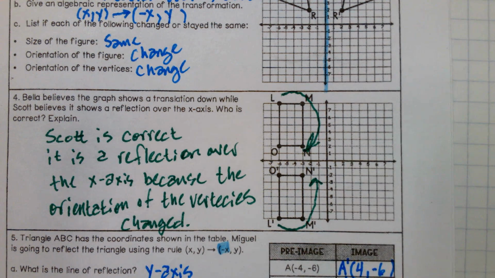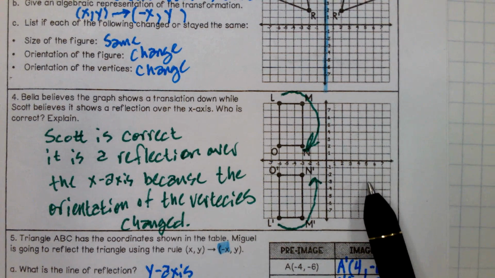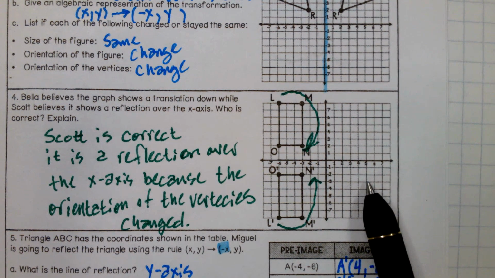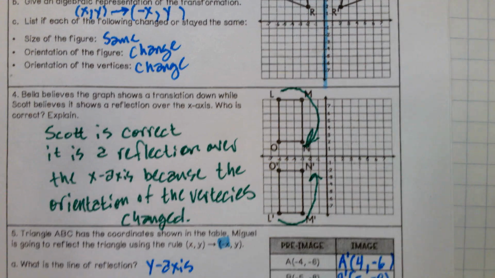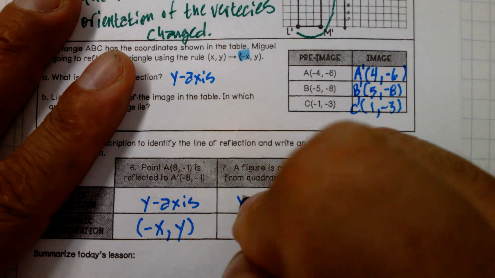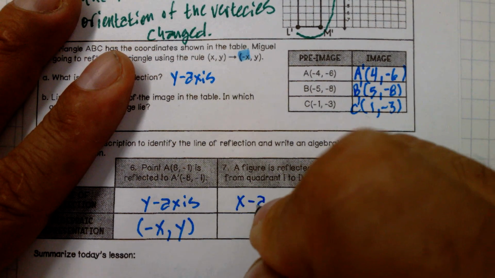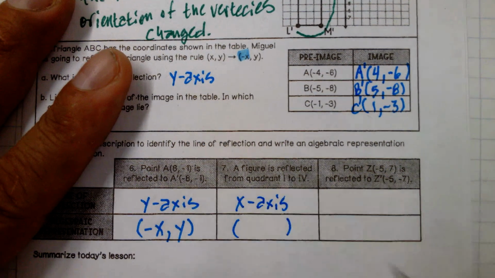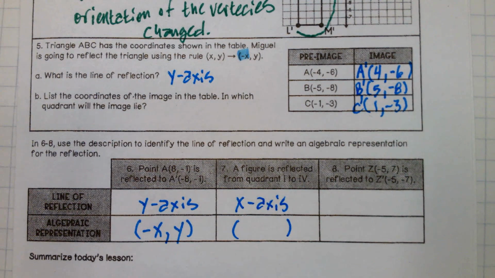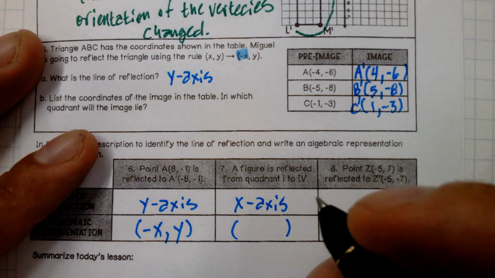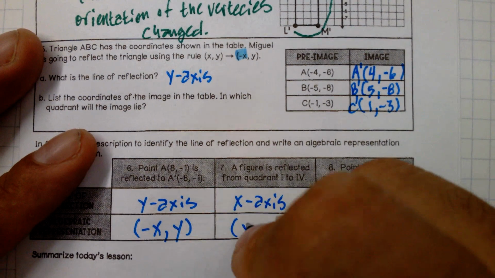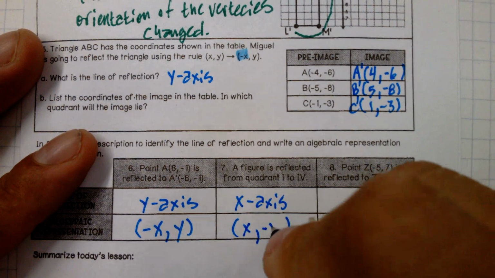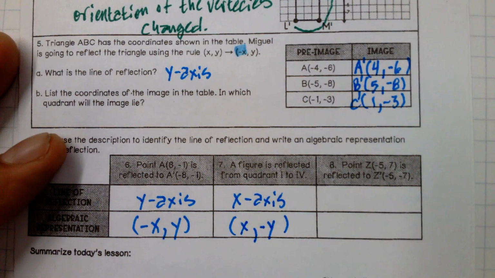Where's 4? It's going from here to here. So what's our axis of symmetry, x-axis? Okay. So what's the rule for flipping over the x-axis? And the y switches. Okay.